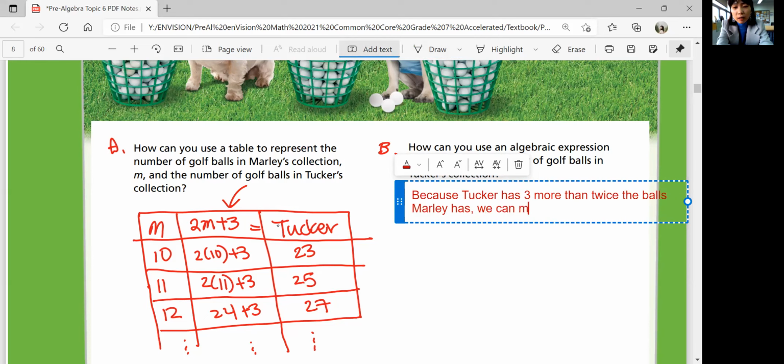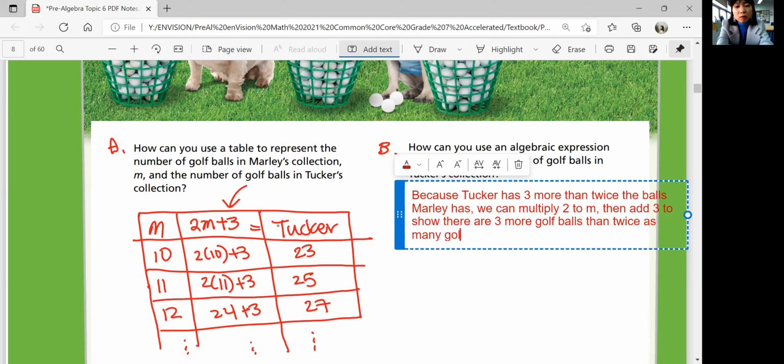We can multiply 2 to m, then add 3 to show there are 3 more golf balls than twice as many golf balls.